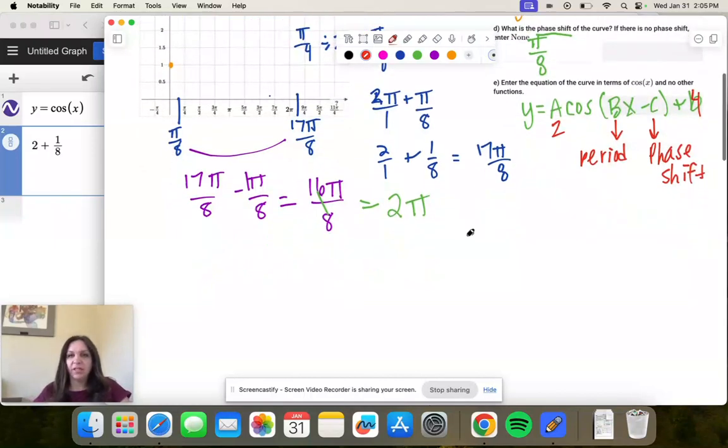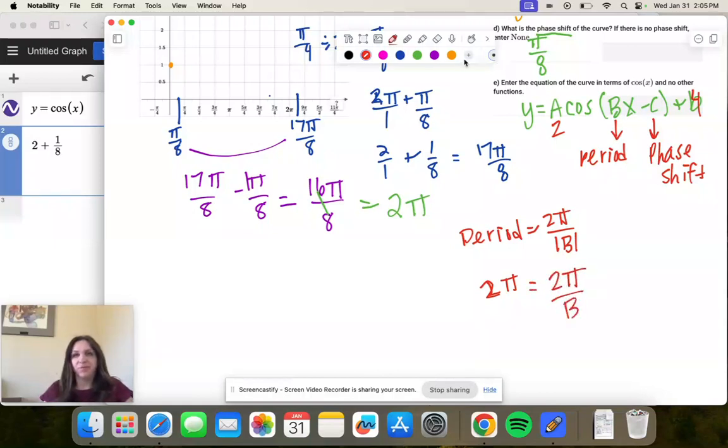Okay, so period equals 2 pi over absolute value of b. Our period was 2 pi. So what's b? You can solve it, but you don't have to. It's over 1, right? B is 1.